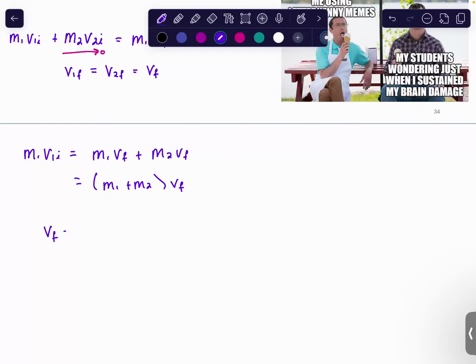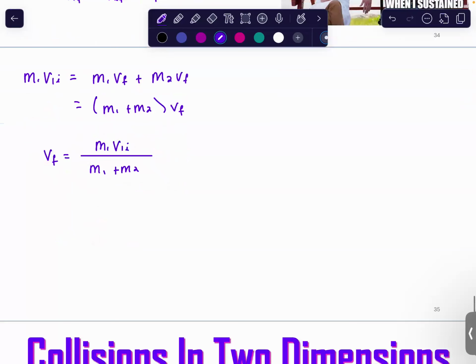And so then our final velocity is going to be M1 V1 initial over M1 plus M2. Okay, so let's plug some numbers in there. Mass 1 is your truck, and its initial velocity is 17.5 meters per second.